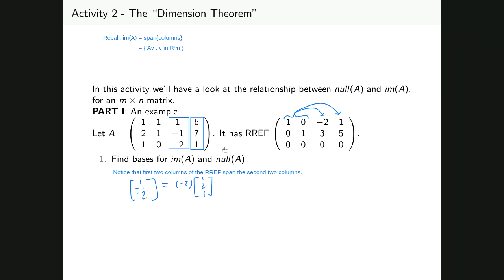So what we're going to do is add on 3 copies of the second column.